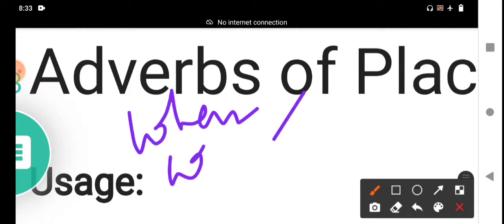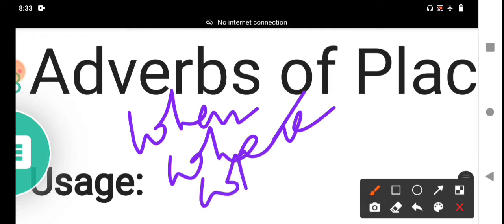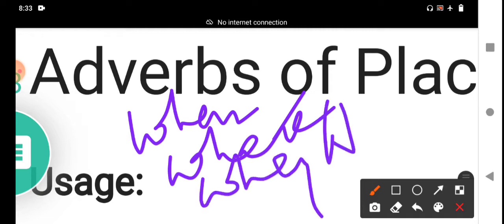Interrogative adverbs: when, where, why, how. These are the interrogative adverbs. For adverbs of place, we pose the question, where did it happen? Where the action has taken place.